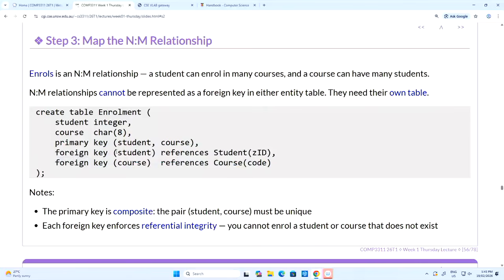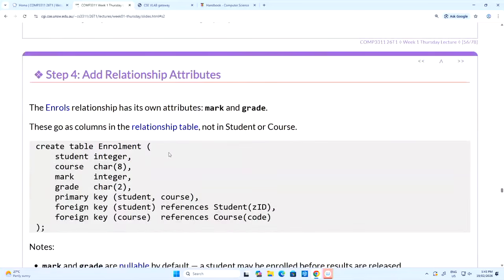And you can specify foreign keys and primary keys inline, or you can specify them at the end of the create table command. And sometimes you need to decide which attributes go into relationships.